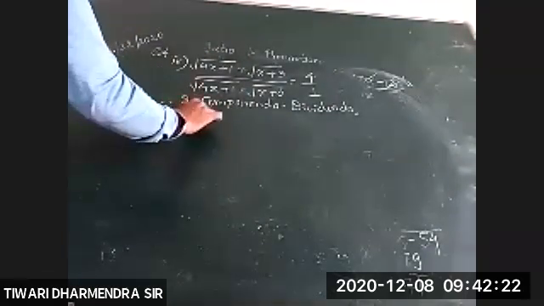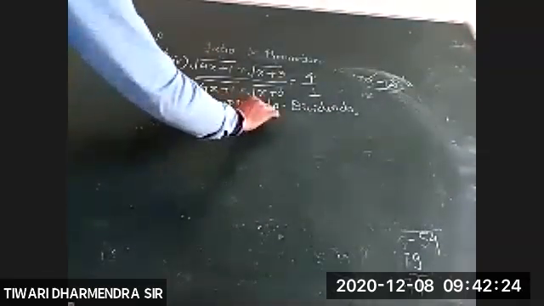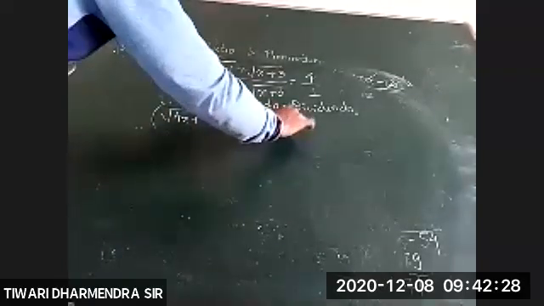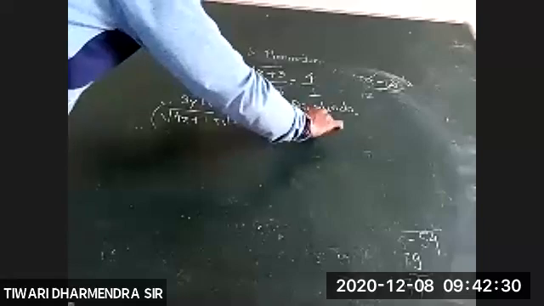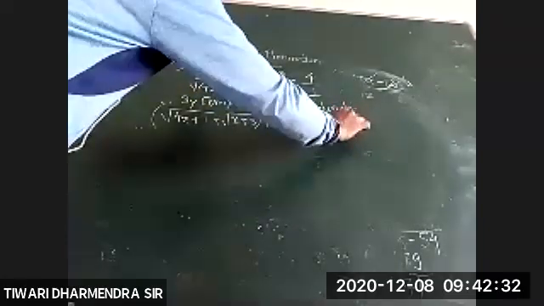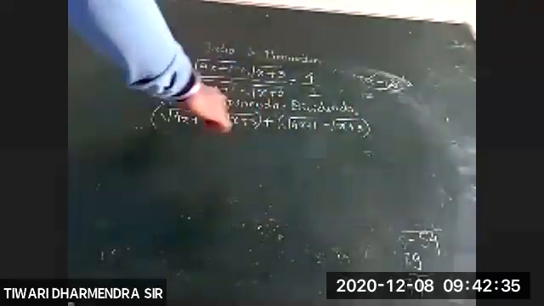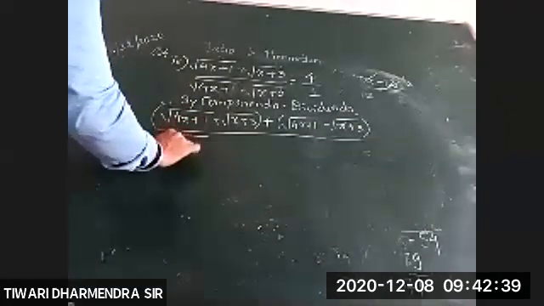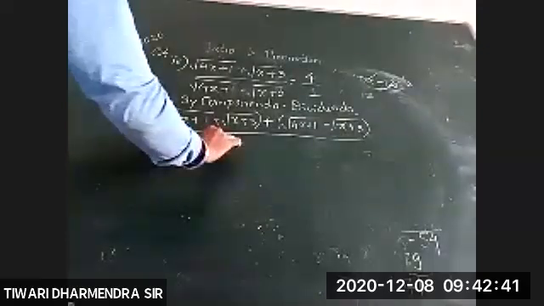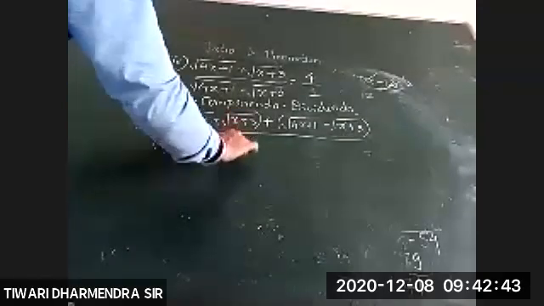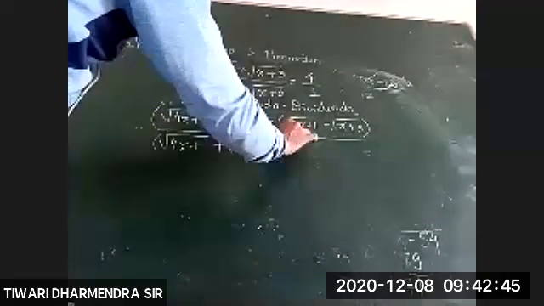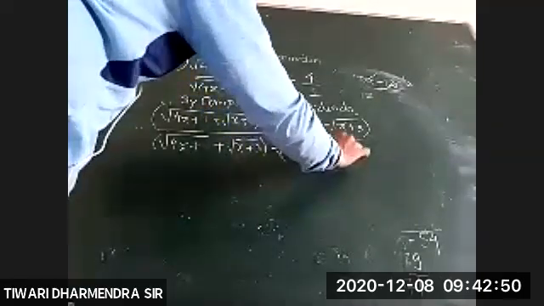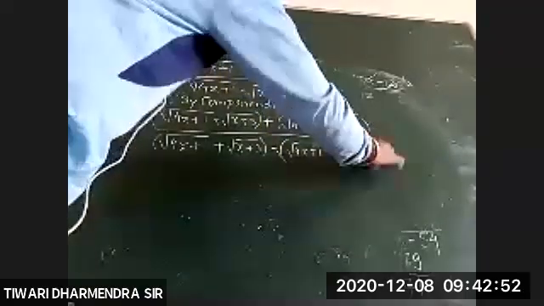Root of 4x plus 1 plus root of x plus 3 plus root of 4x plus 1 minus root of x plus 3, divided by root of 4x plus 1 plus root of x plus 3 minus in bracket root of 4x plus 1 minus root of x plus 3.